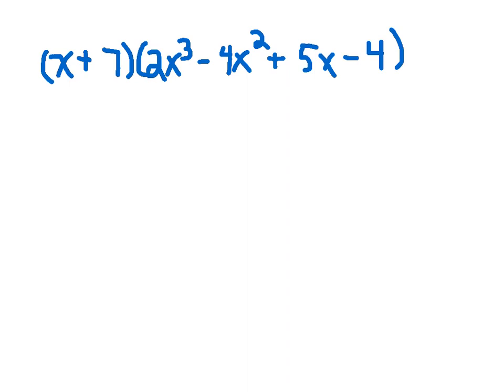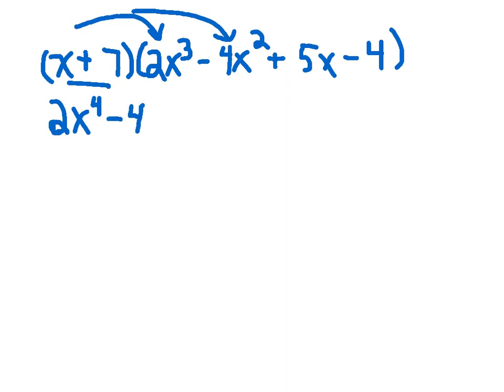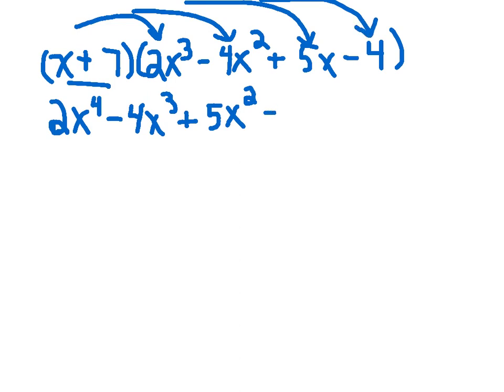I still want to multiply each term of the first polynomial by each term of the second, so I'm going to distribute. X times 2x to the third is 2x to the fourth. X times negative 4x squared is negative 4x to the third. X times 5x is 5x squared, and x times negative 4 is negative 4x.